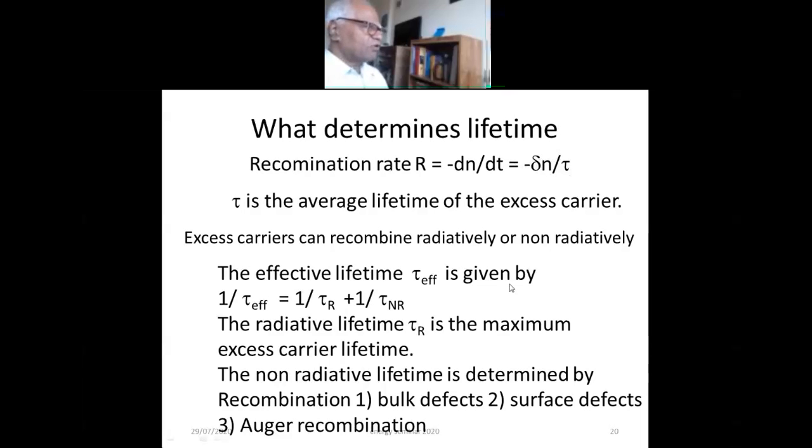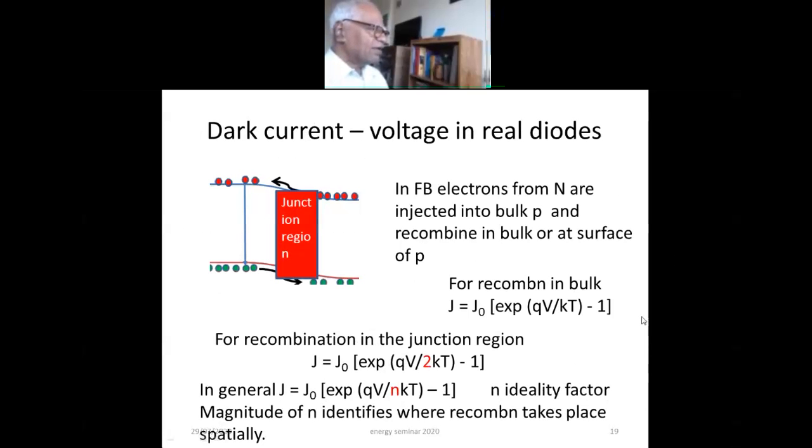So there are at least two ways by which recombinations can take place. One is radiative, that this electron and hole recombine and give rise to light, and that is called radiative lifetime, and that is the largest lifetime possible in any given system. You cannot do better than that. And it's the aim of all solar cell people to make your effective lifetime equal to the radiative lifetime.